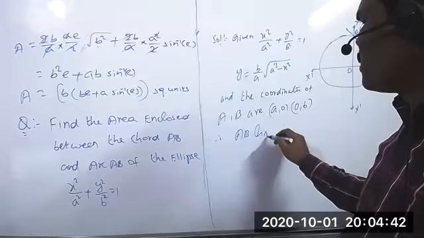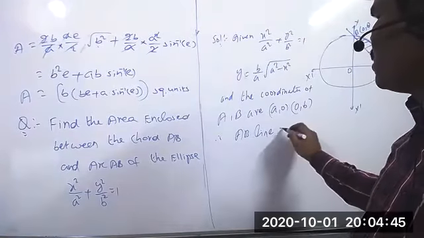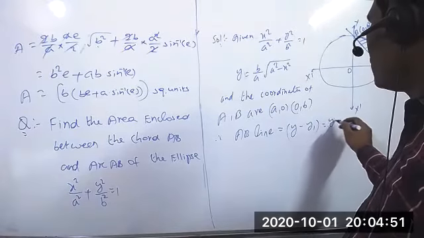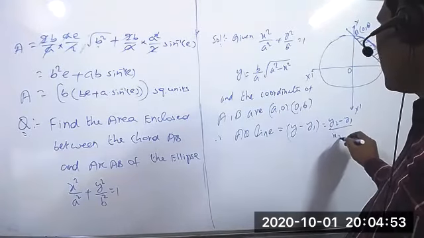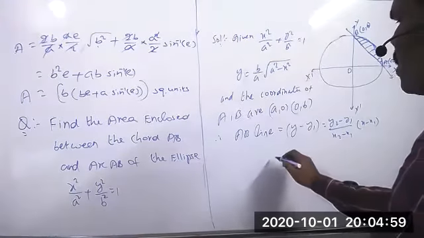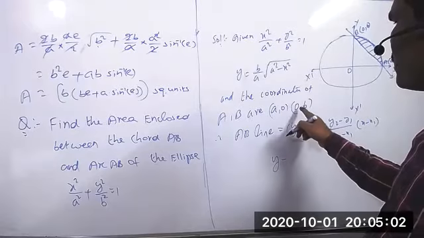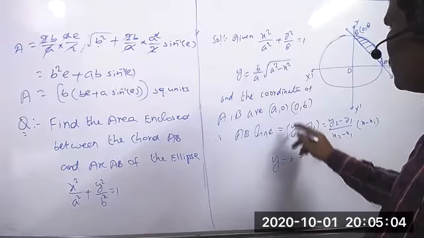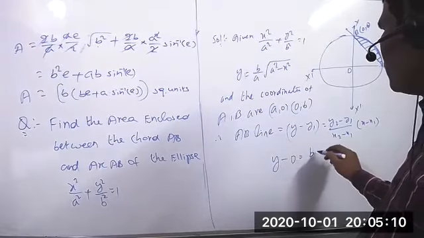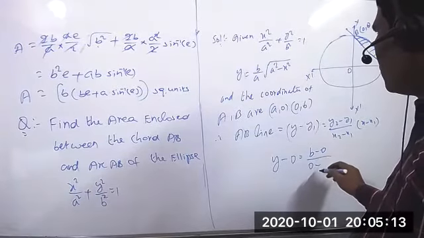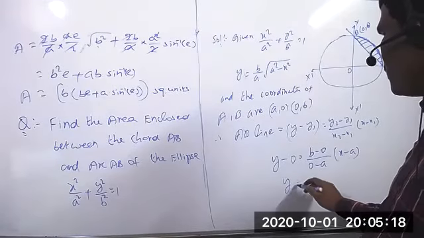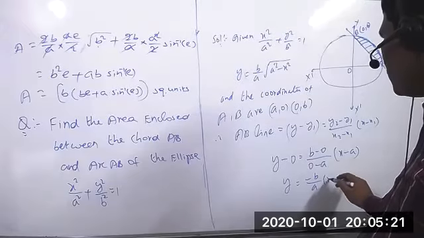Therefore the AB line equals, we know the formula, y minus y1 equals (y2 minus y1) by (x2 minus x1) into (x minus x1). So y minus 0 equals (b minus 0) by (0 minus a) into (x minus a). So y equals minus b by a into (x minus a).